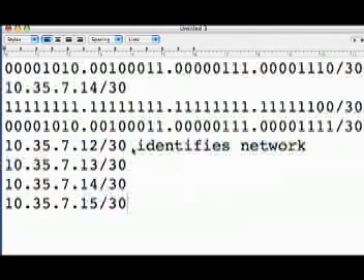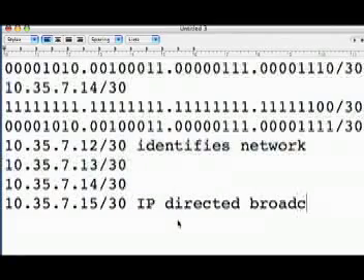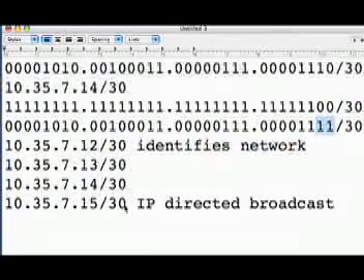And the IP address with all ones at the end, like this one here, which corresponds to the .15, is called the IP directed broadcast address. If you send a packet to an IP address which has all ones in the host portion, then the behavior of the routers is to send that packet to all hosts on that subnet.